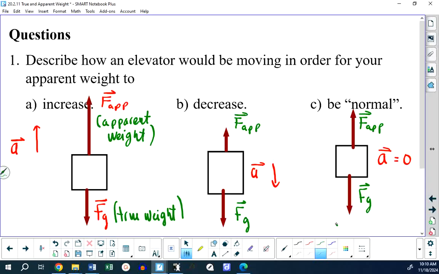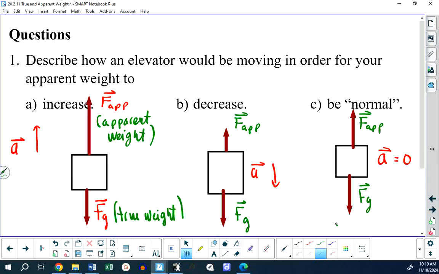You need to understand the physics of this in terms of these vector diagrams. If a person feels heavier, they are in a situation where whatever they are standing on is accelerating towards their head, also known as up. If you feel that you weigh less, I'm looking at the middle diagram where the applied force, which is your apparent weight, is smaller in magnitude than your true Earth weight, you feel a little bit lighter.